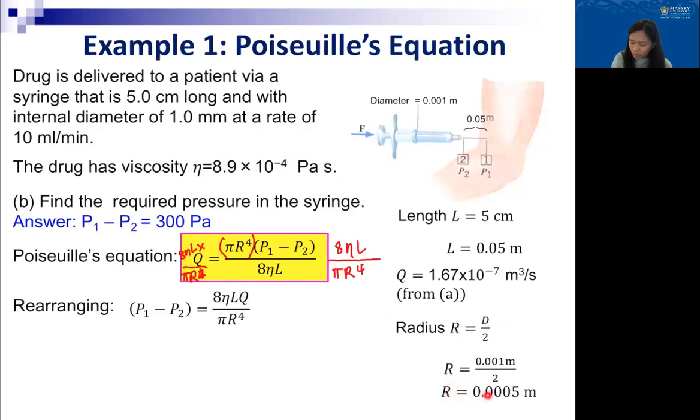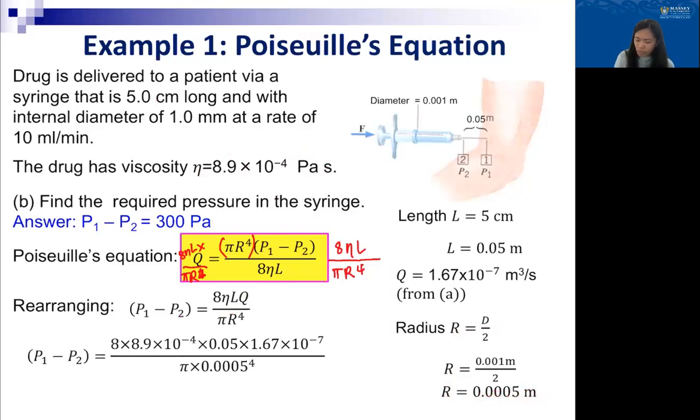Therefore, the radius is 0.5 millimeters, but convert that to meters by dividing by 1,000. And so you have 0.0005 meters for the radius. So you have everything. Just be careful that the radius is raised to the power 4. It's easy to lose that when you're putting numbers in your calculator, so just be aware of that. So you'll have this pressure difference to be about 300 pascals.